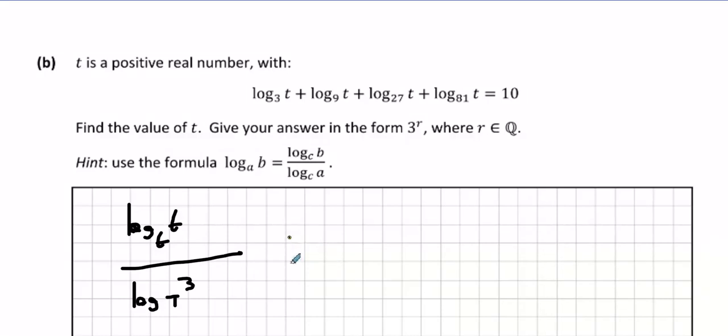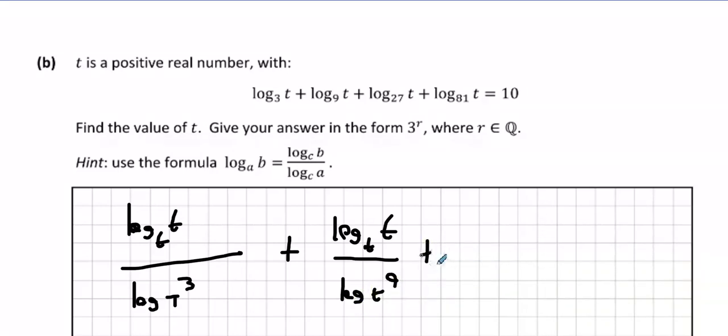And what about the next one? Log t base 9. Oh, sorry, no, I'm wrong. Log t base t, and on the bottom, log 9 base t.